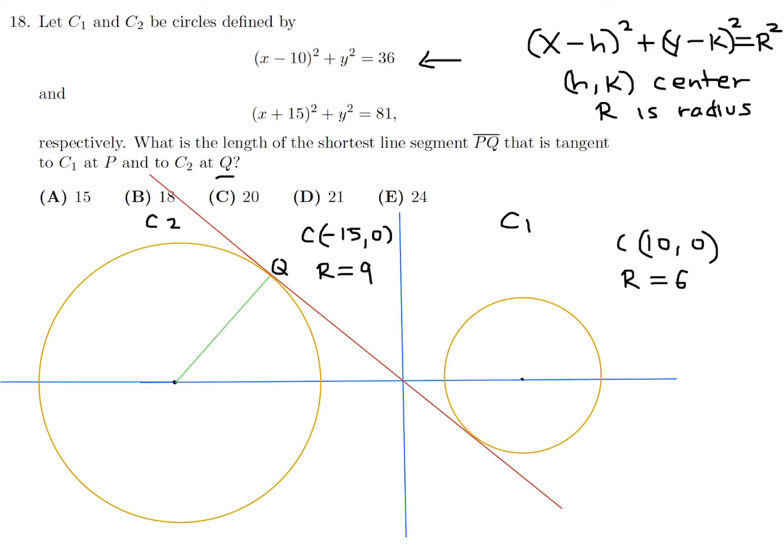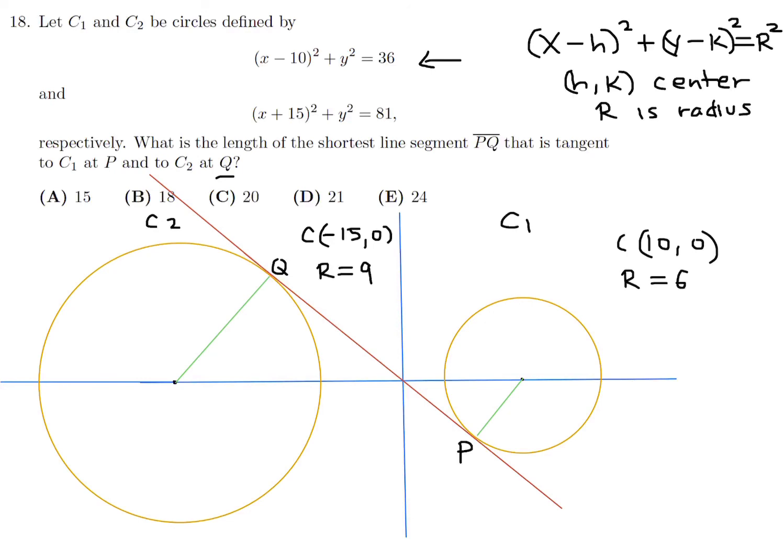And the tangent point here, I'll draw a line from the center here to that tangent point. And that is P. And they want you to find the length of segment PQ, that line that is going to join P and Q, the length of that segment.